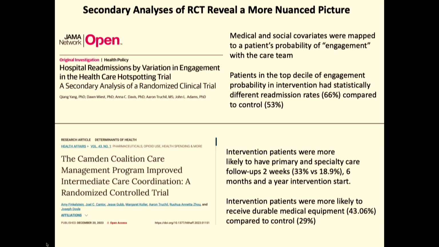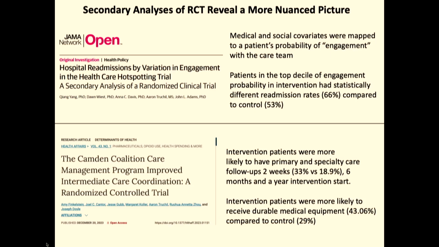And there was a very specific methodology that was used to illustrate this. Intervention patients were also more likely to follow up with primary and specialty care than control patients. So these were, again, two successes. This was published in Health Affairs recently.